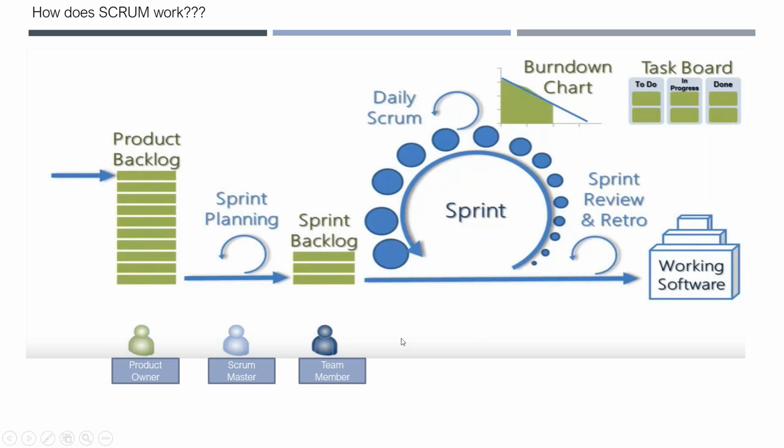At the bottom, you will see three roles predominantly in your Scrum methodology: product owner, Scrum master, and team member. The product owner is responsible for the creation of all the requirements. Of course, he will get it done by other people, but he is the owner. He will review the requirements, etc. The Scrum master is the person who facilitates all the meetings between the team members.